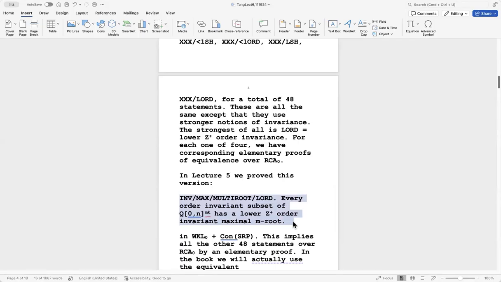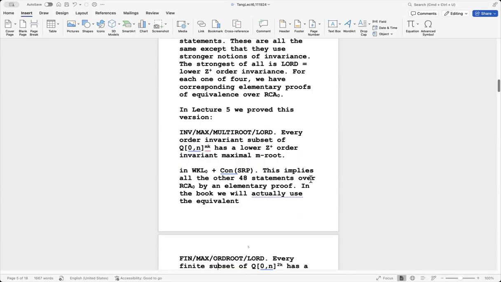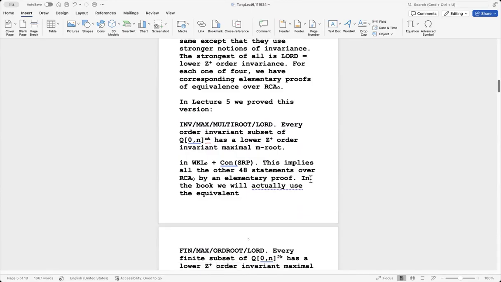And then the weakest of all 48, which we'll discuss in a second, is reversed. That's what the reversal is from lecture 7 through the end, or essentially the end of the series. So we do get that all 48 are equivalent to con SRP over WKL naught.